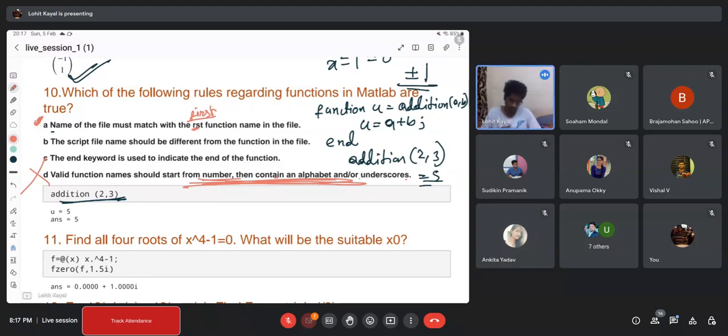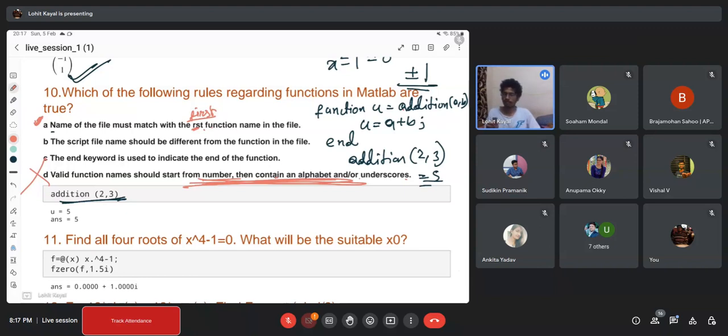Okay, so the question says: which of the following rules regarding functions in MATLAB are true? First, like Pramanik showed by sharing his screen in MATLAB, the name of the file must match the function name in the file. If you write function addition AB, then MATLAB will automatically choose the file name addition.m.